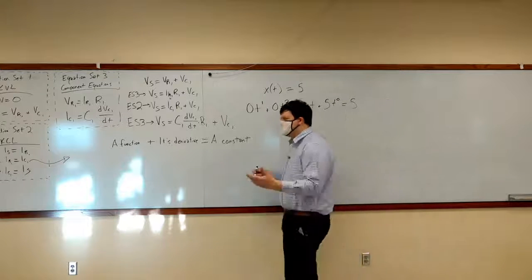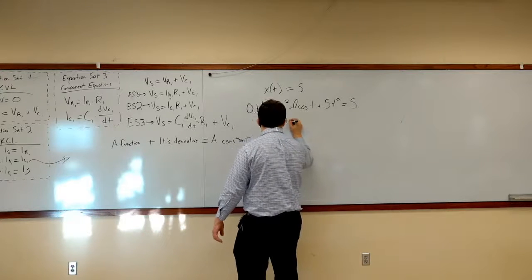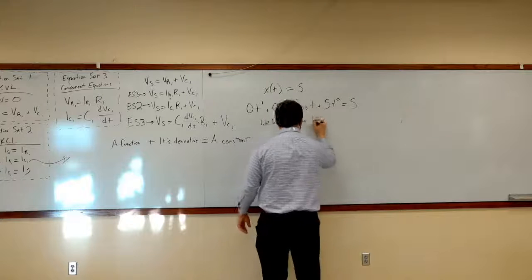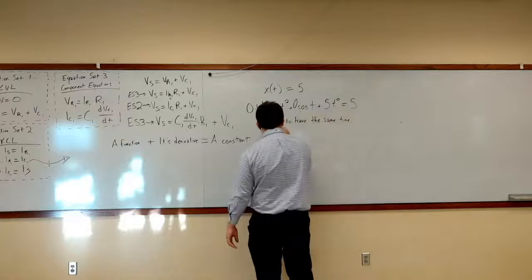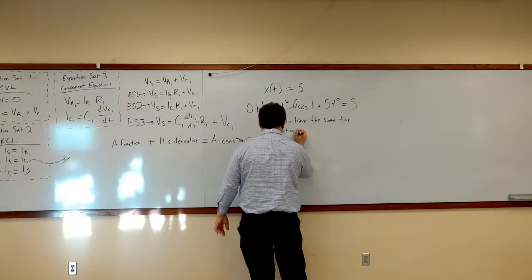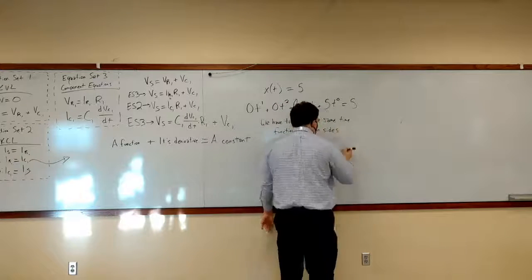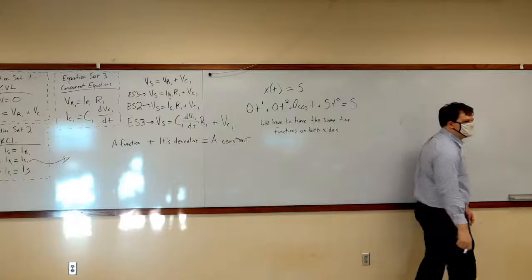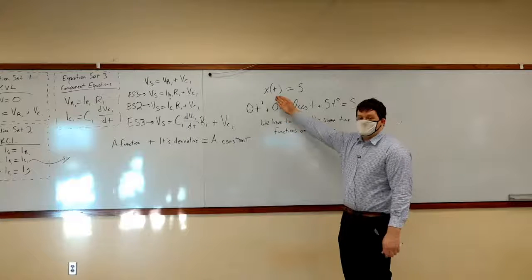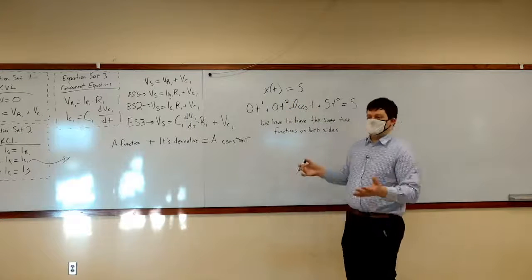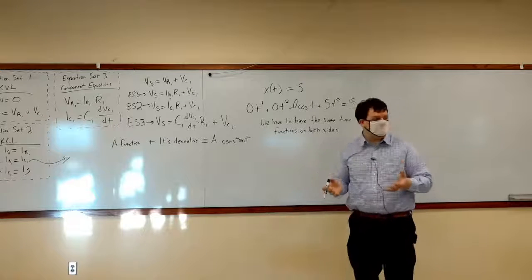We have to have the same time functions on both sides. It doesn't make sense if we have different time functions on both sides. If you know that the function x of t has a t in it, you're also going to know that the coefficients are going to have to sum to 0.